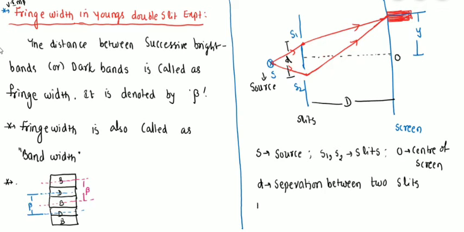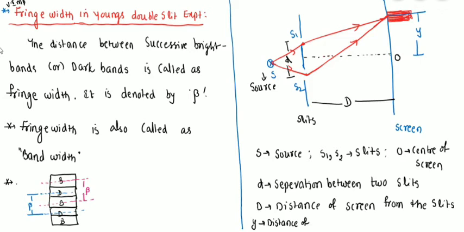Capital D in the figure is the distance of the screen from the slits. What is y? y is the distance of the bright or dark band, whatever it may be. We don't know whether it will form a bright or dark band.